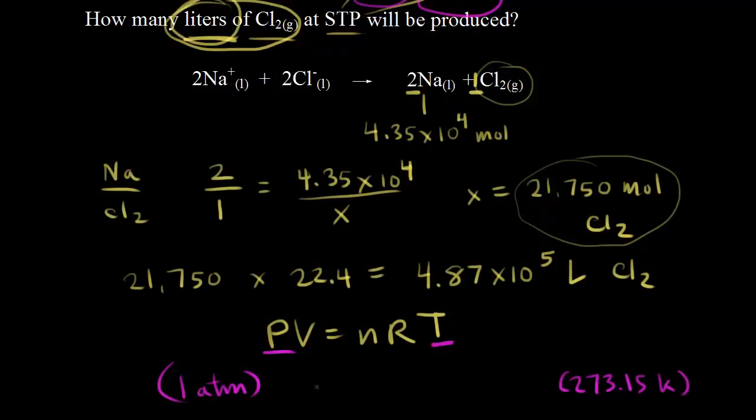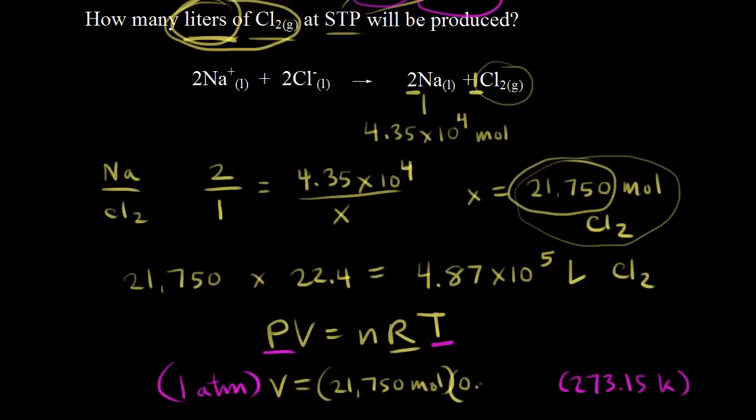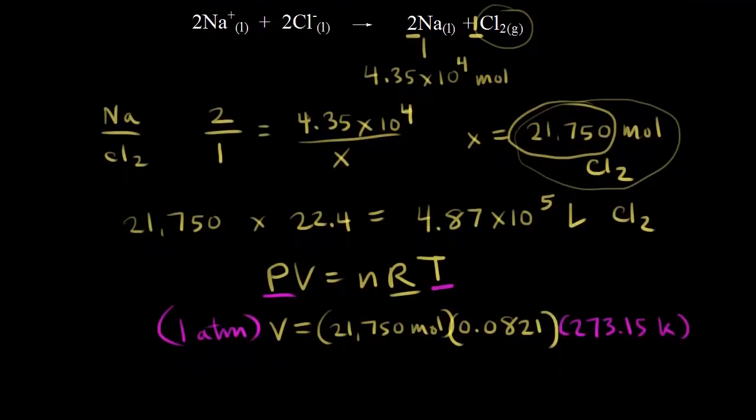N would be equal to the number of moles, right? So that would be 21,750 moles. R is equal to 0.0821, and I didn't leave room for the units in there, but the units would cancel out to give us liters for the volume.